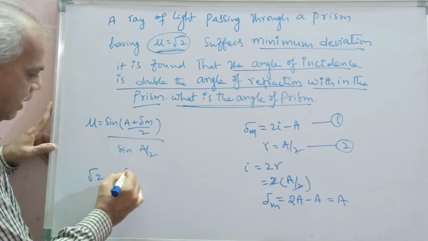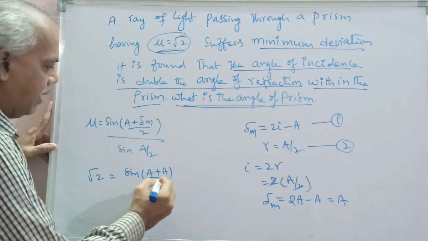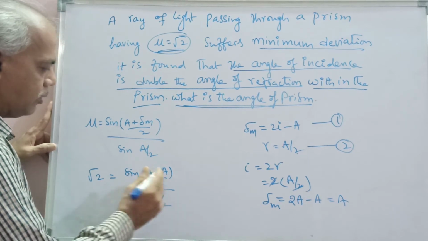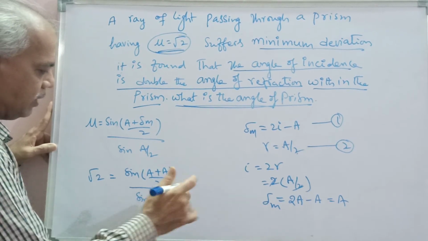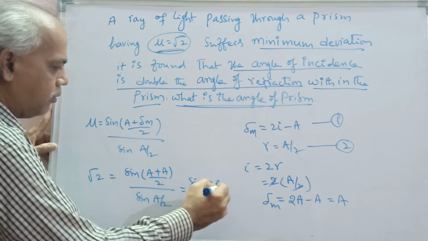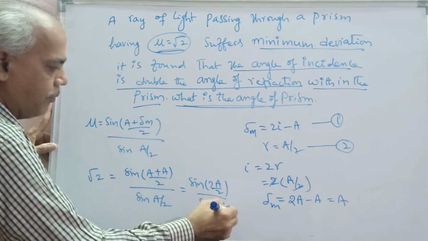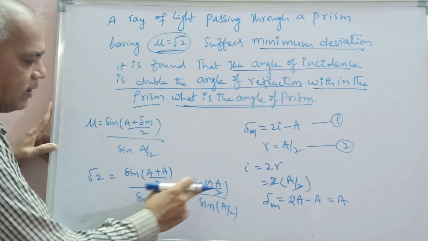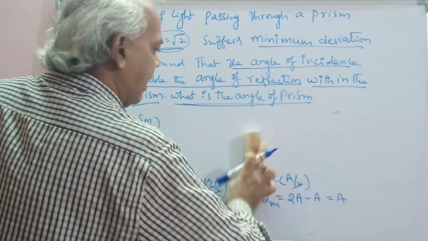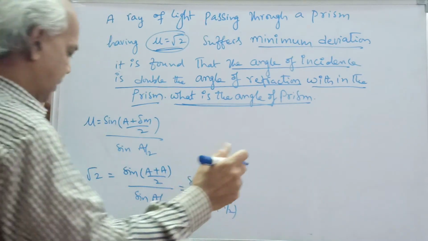Here sine of (A plus A) by 2 divided by sine A by 2. So sine of (A plus A) by 2 means it is sine of 2A by 2 by sine A by 2. 2 will cancel. It is sine A. What is sine A value? Sine A value is 2 sine A by 2 and cos A by 2.